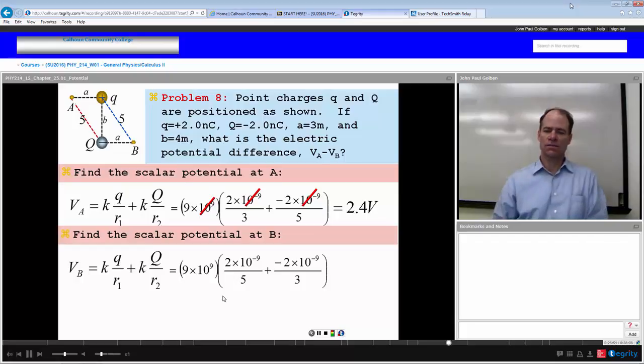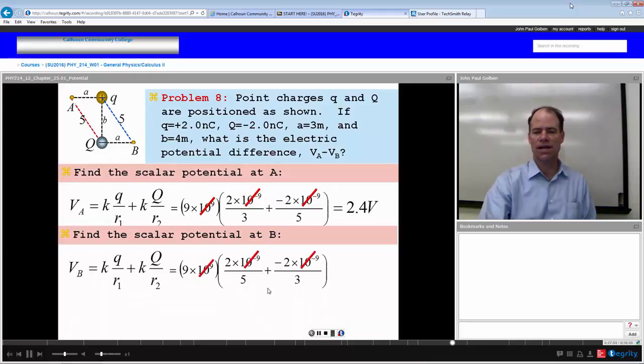So we have 9 times 10 to the 9, 2 times 10 to the minus 9 over 5 meters. And then big Q is a negative 2 times 10 to the minus 9 coulombs, 3 meters away. The 10 to the 9 and 10 to the minus 9s cancel out. And we have 9 times 2/5 minus 2/3, which will give us a negative 2.4 volts.